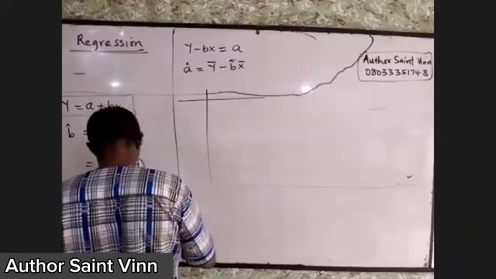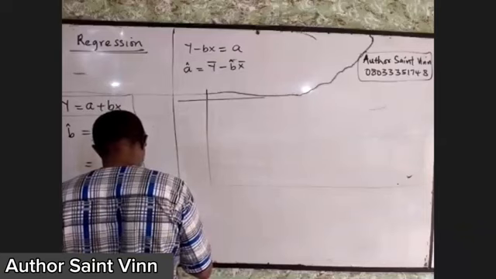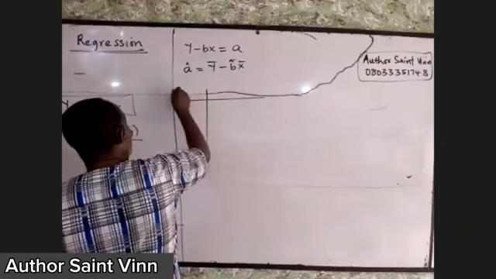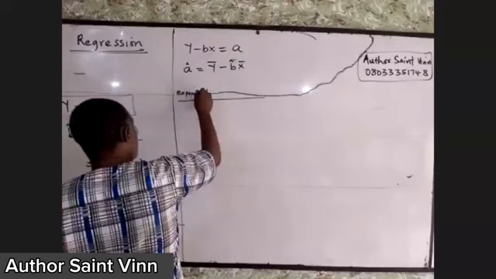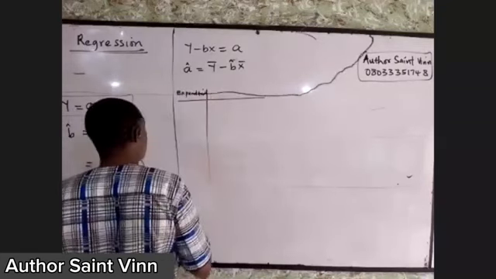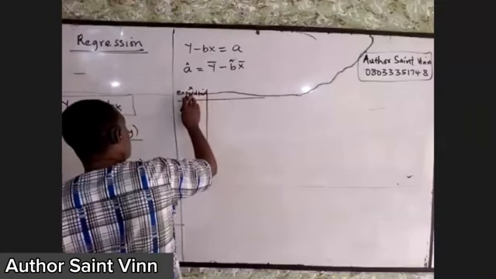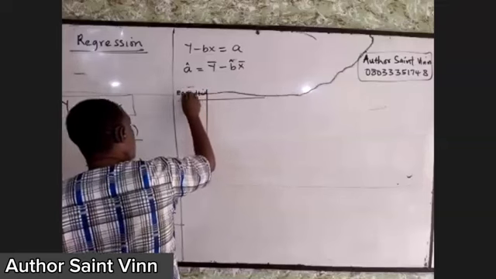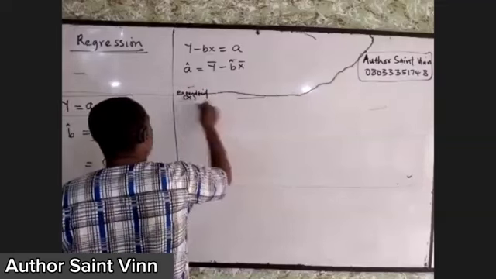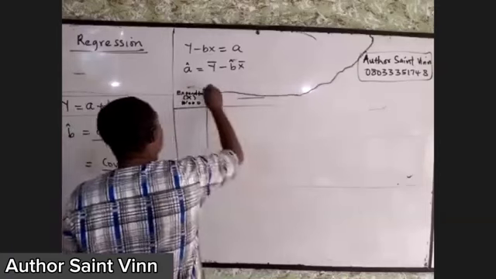This is the expenditure, which is X, left in thousands like this.